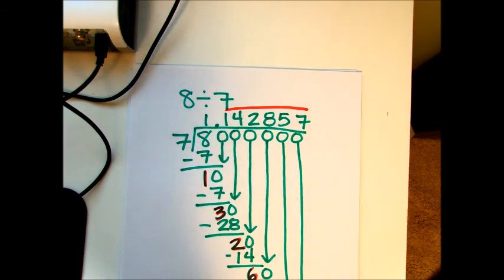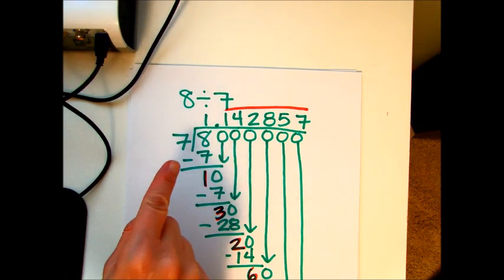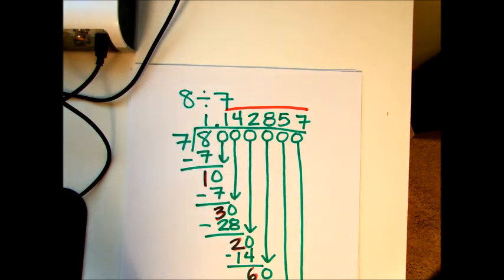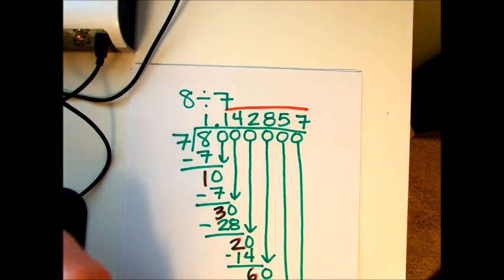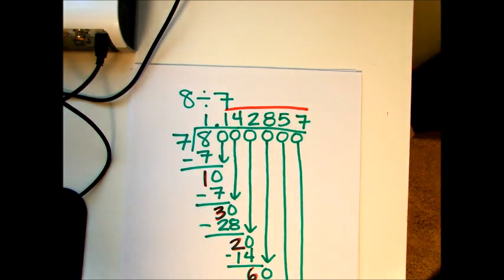Now, on your homework or in a quiz, you're not going to be writing out your answers like this. You're most likely going to be told to round to a certain place value, because some of these answers can even continue on, or maybe they're not repeating and there's just a bunch of digits in the quotient, the answer.